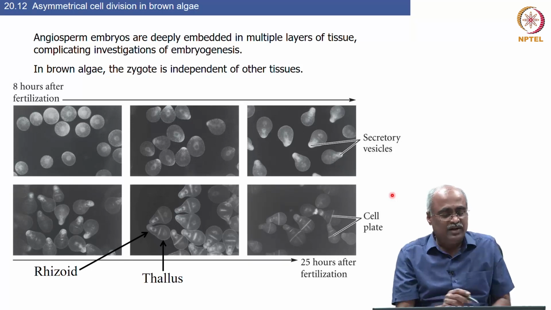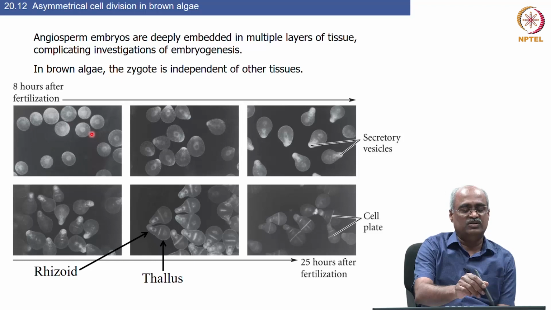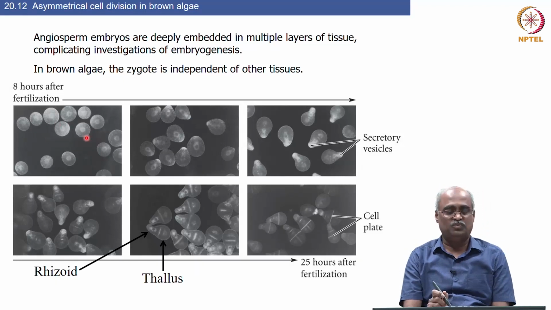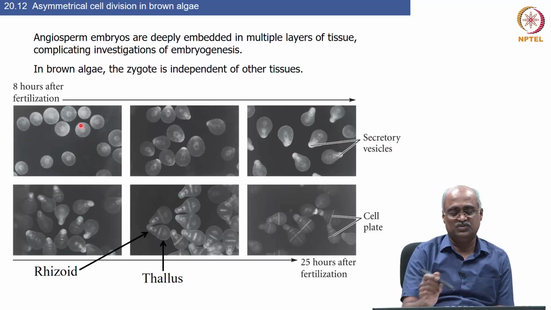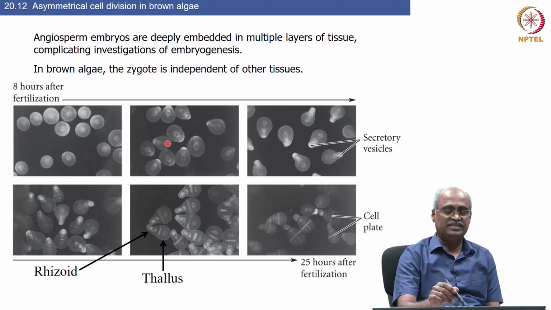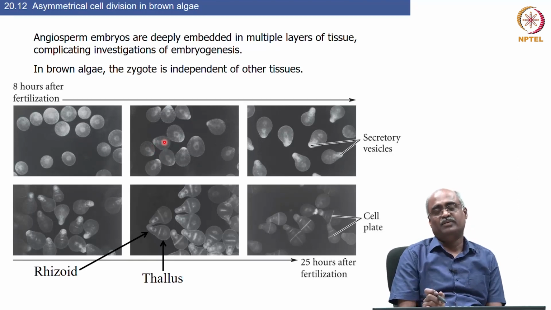So, let us look at this series of images. This is 8 hours after fertilization, immunostained for a protein that is specific to secretory vesicles, and that is what you first start to see. These secretory vesicles then start moving towards one end, and that is initially set by the point of sperm entry, and that is where the root-like tissue is going to form, which is called the rhizoid.